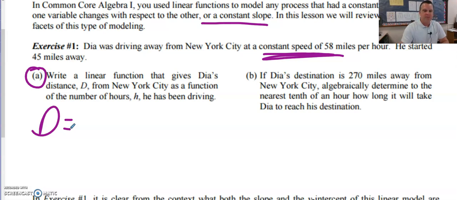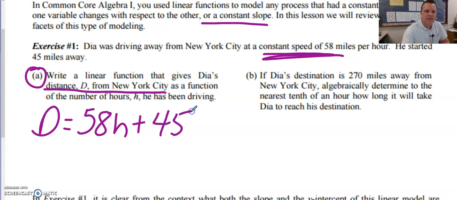He goes 58 miles per hour, so it would be 58 times the number of hours. And he has already started, because we're looking for the distance D from New York City, and he already started 45 miles away. So the slope is 58, the y-intercept is 45.